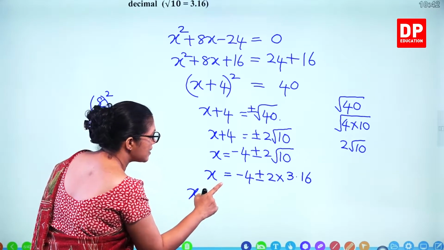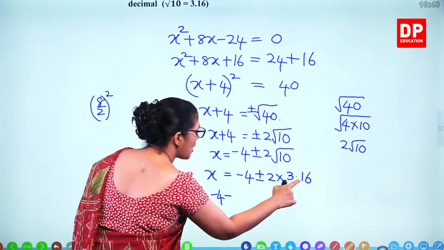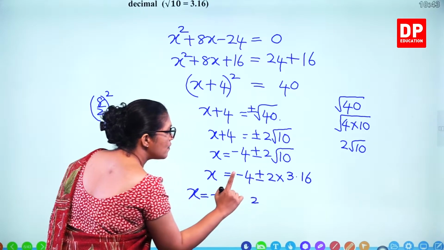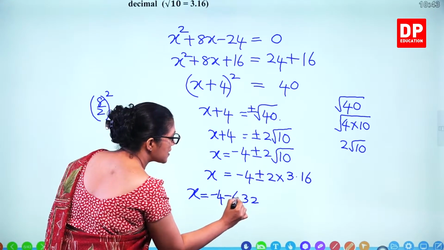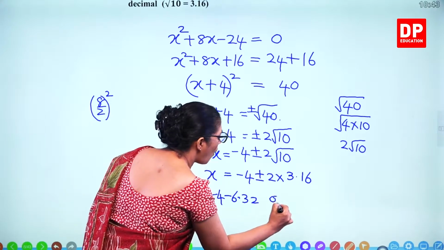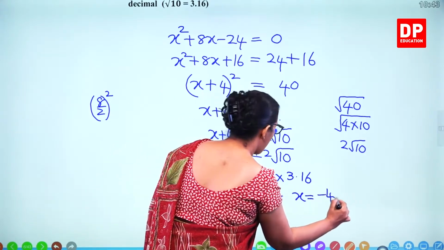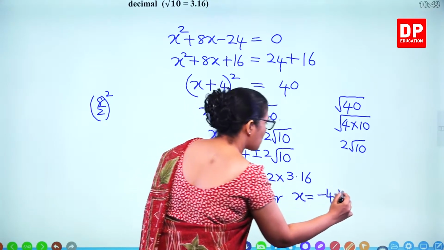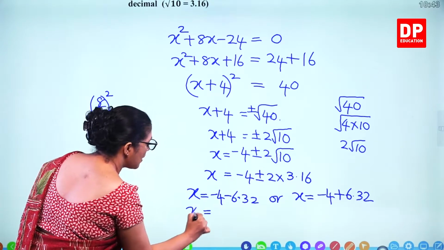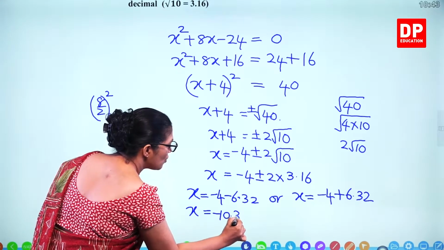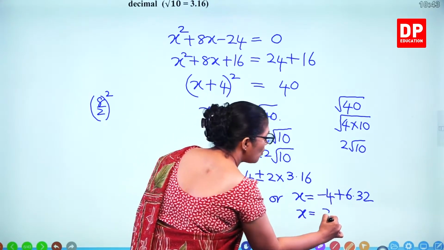You get negative answer, negative 4, negative 2 times 3.16 is 6.32. Or x becomes minus 4 plus 6.32. So you get minus 10.32 or you get 2.32.